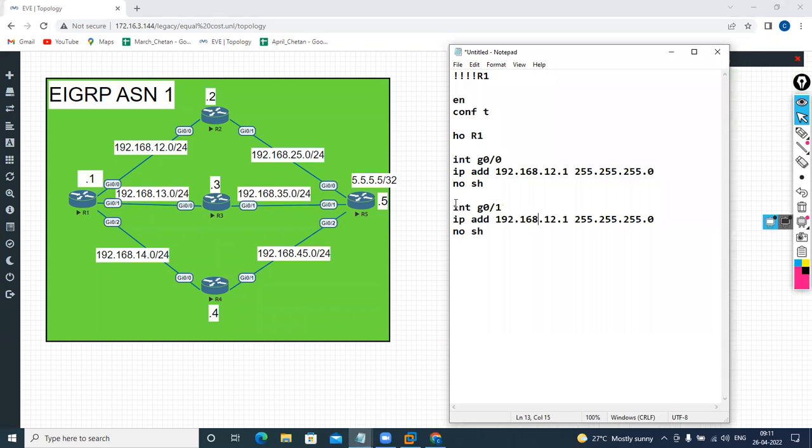So the IP address will be 192.168.13.1. We have one more interface, that is 0/2. That is 14.1.